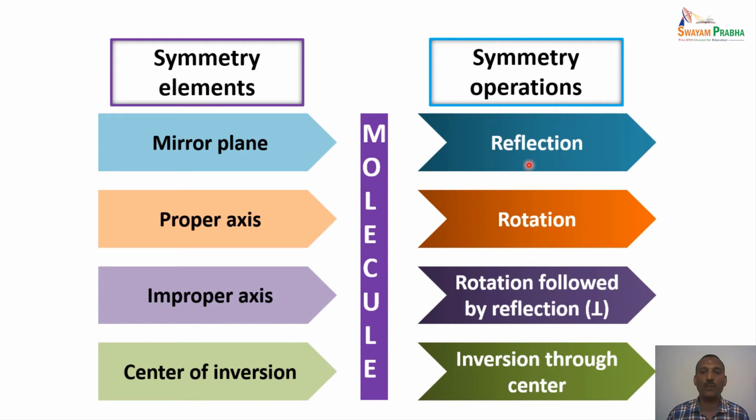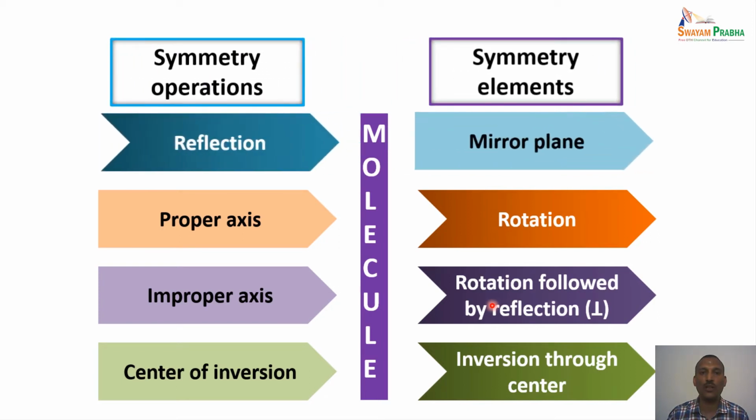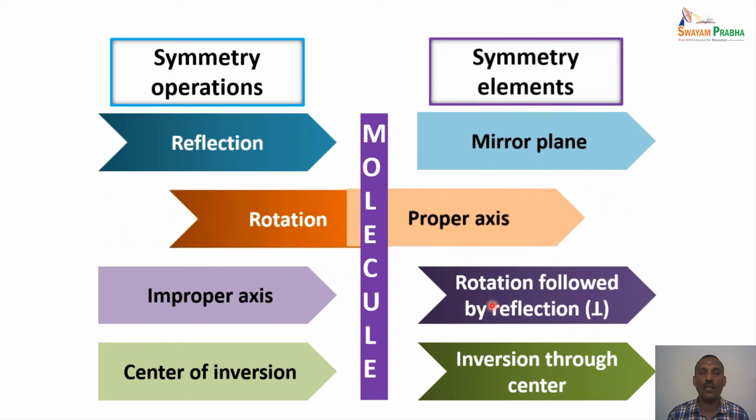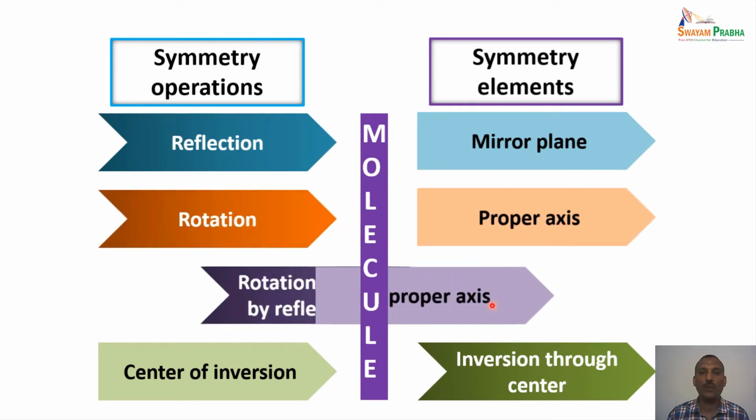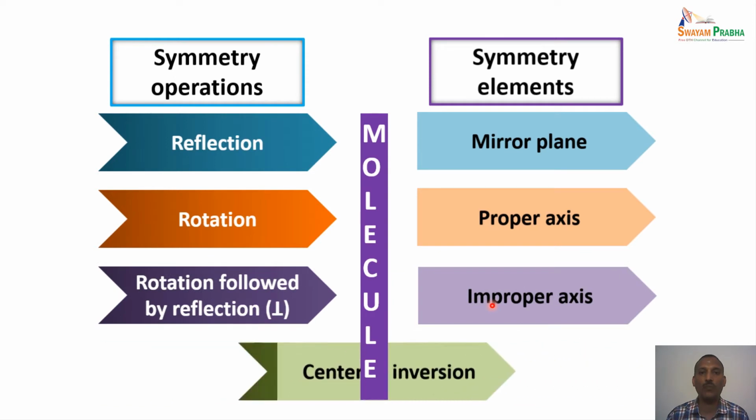So these are all the symmetry operations. When there is a proper axis, that means during rotation the molecule will show whether it is getting the identity or not. The same way improper axis and the center of inversion are given here. So basically we perform the symmetry operation on the molecule and we say certain symmetry elements are present or not present.